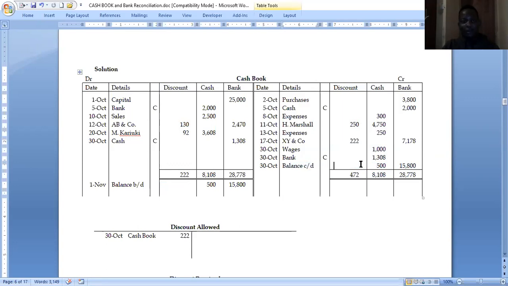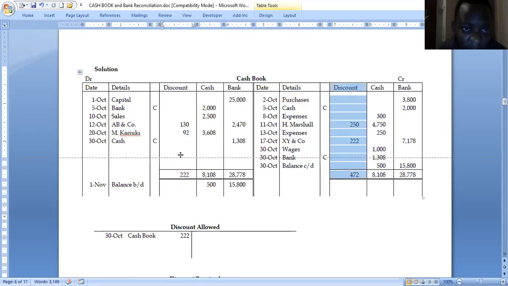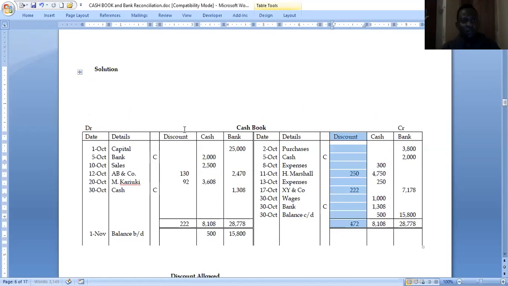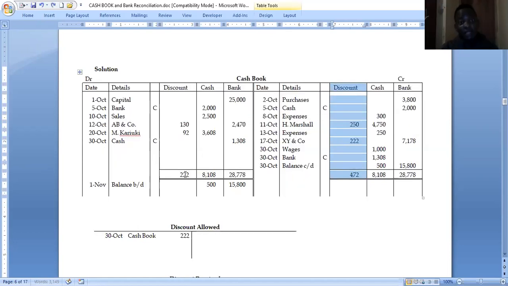The reason for this is that these discounts are two different accounts. On the left side, we have the discount allowed. On the right, credit side, we have the discount received. Totally different accounts, as opposed to cash and bank.